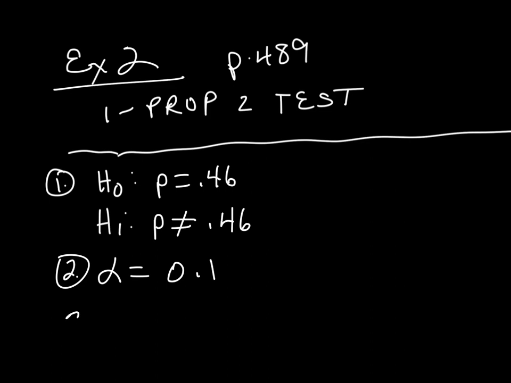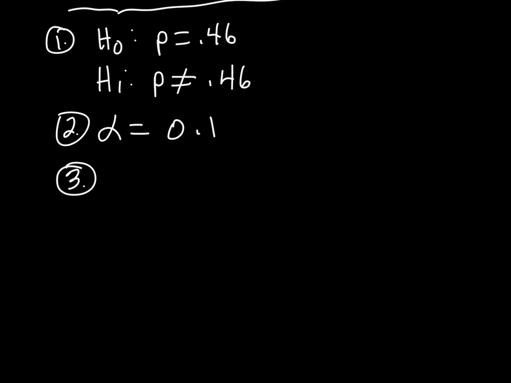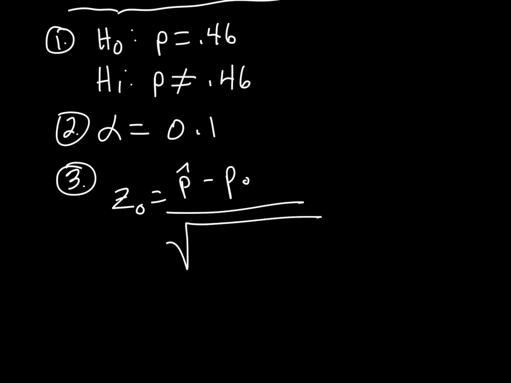All right, step 3 is to go get the test value. Again, that's always step 3. The test value for the one prop z test we have noted is z equals p hat minus p naught over the square root of p naught times 1 minus p naught all over n.